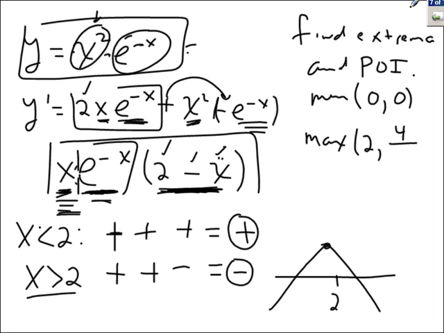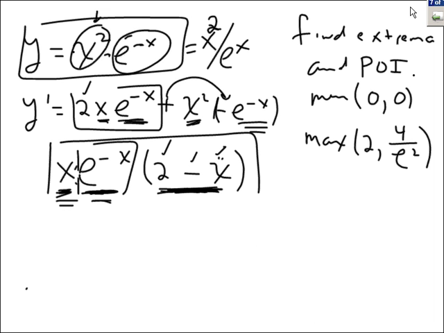Now remember, this is the same as x squared over e to the x. So over e squared. Okay, so I found the maxima. Now we're going to go on and find the point of inflection.